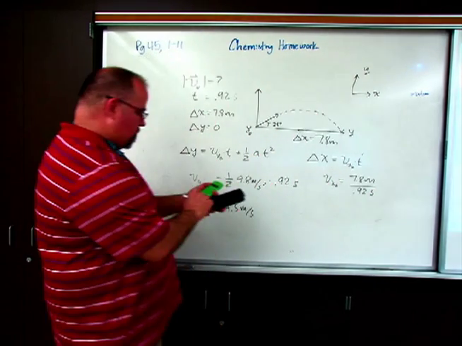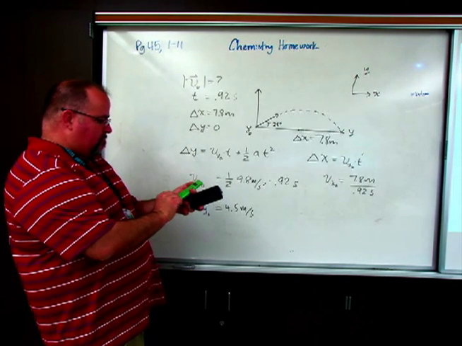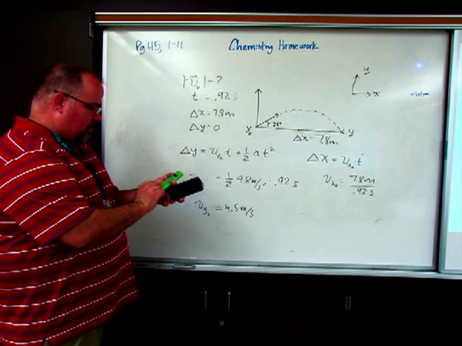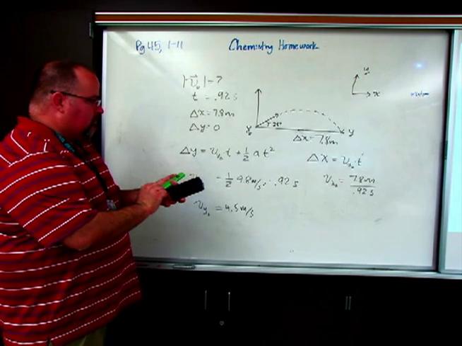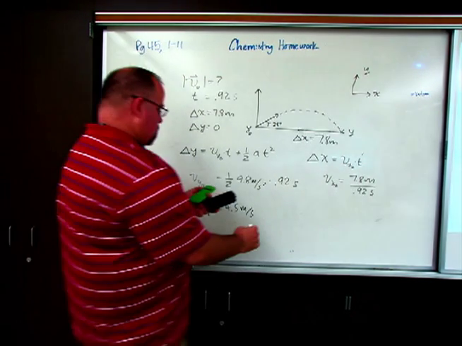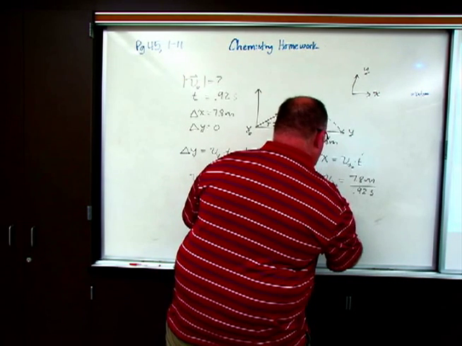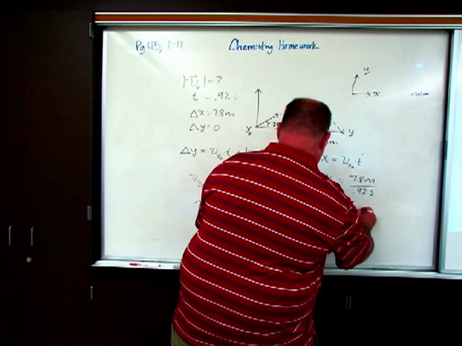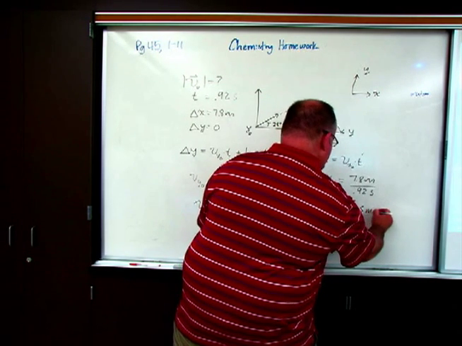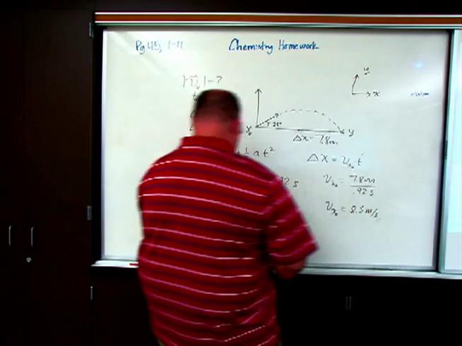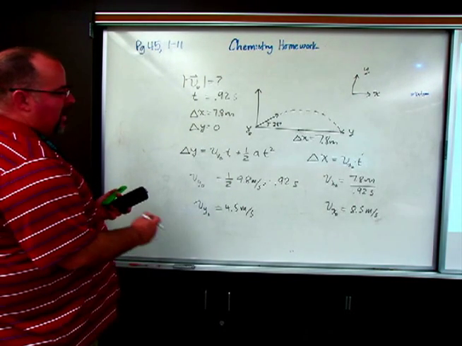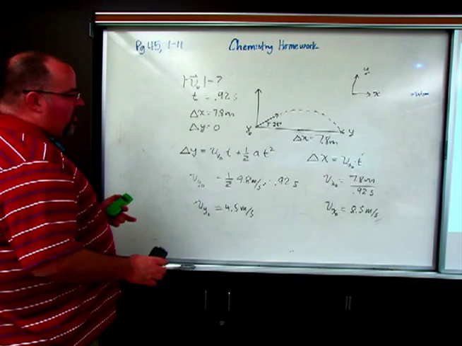So to clear my calculator here, I have 7.8 divided by 0.92. So Vx sub 0 equals 8.5 meters per second.